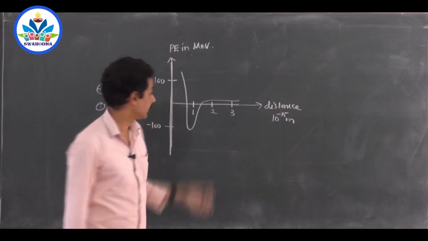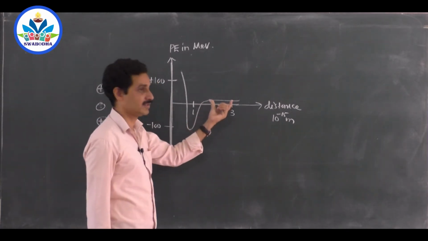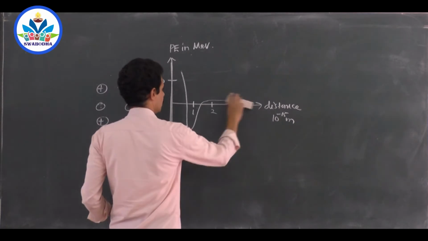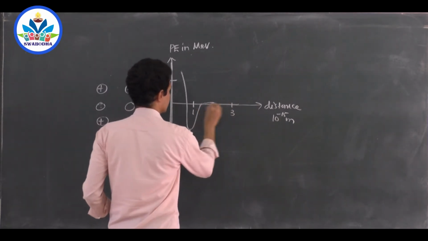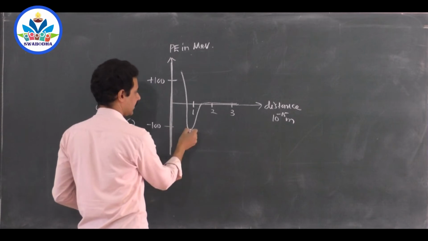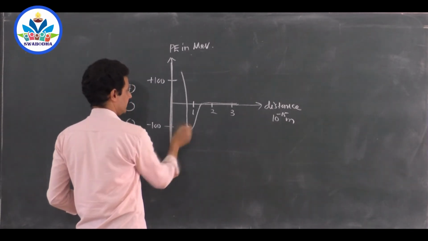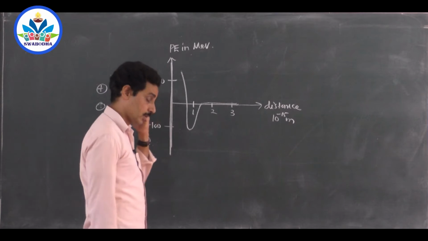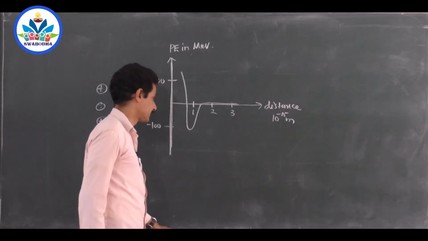It says that beyond 1 Fermi, the potential energy decreases to 0, and it is negligibly small. At around 1 Fermi, it is highest but negative. But within 0.8 Fermi, it becomes positive and repulsive. So the nucleus is always stable; it doesn't collapse.